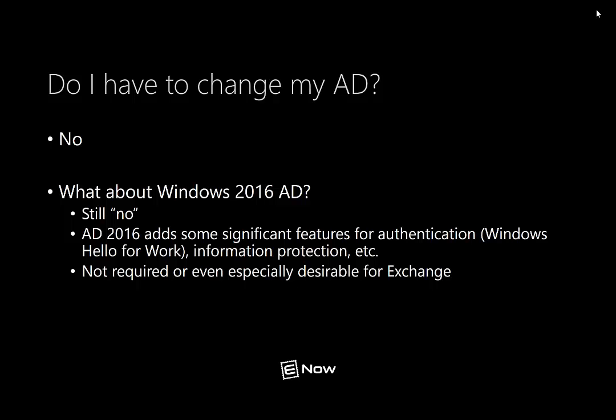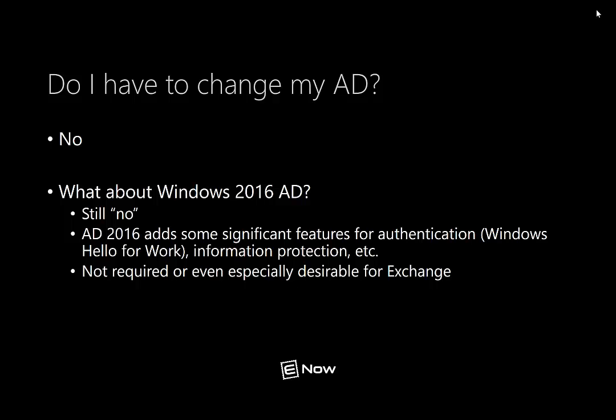Windows Server 2016 Active Directory, whatever Microsoft ends up calling it when they finally release the public version, and I guess they've already released it to manufacturing, but you can't actually deploy it yet, has nothing in it that Exchange 2016 requires, and in fact, I don't even think it has anything in it that Exchange 2016 can actually use for anything.